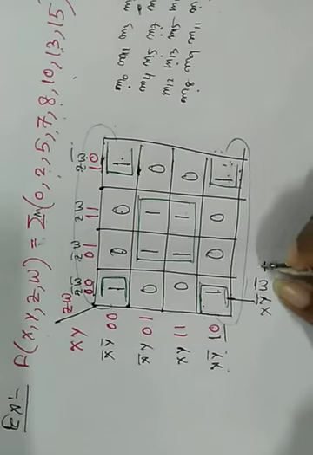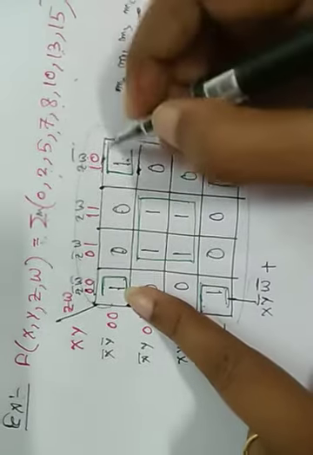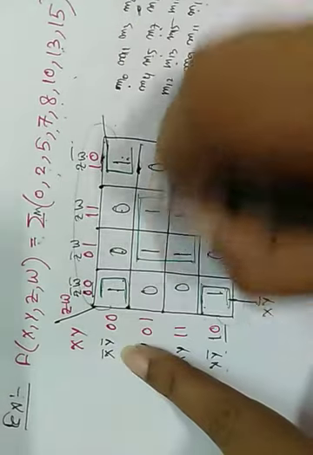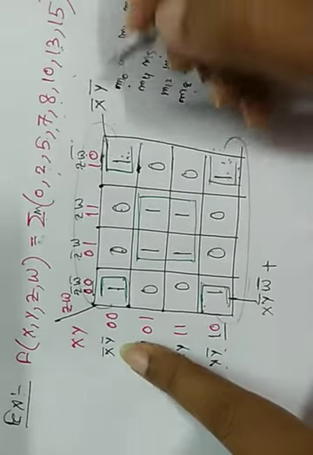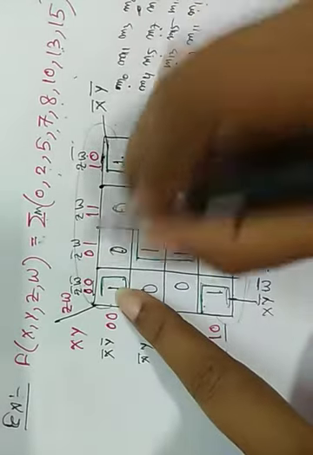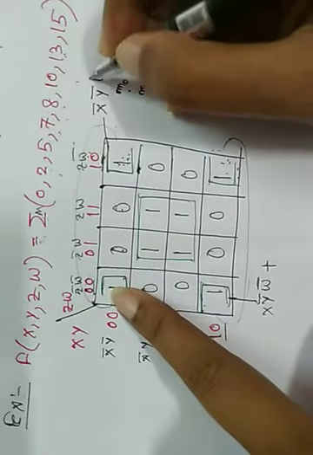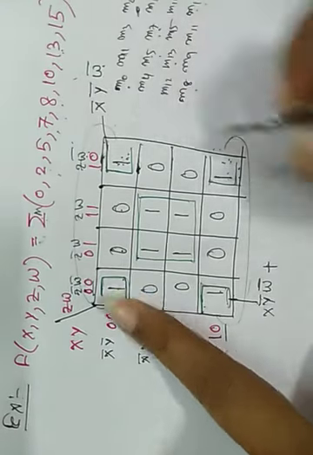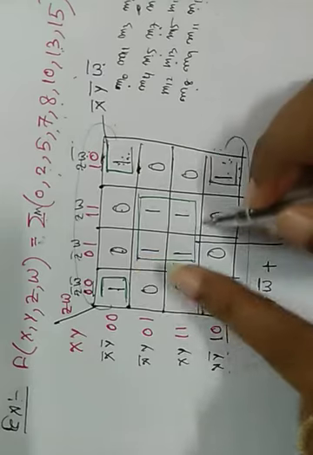Plus, for this group, one horizontal row means x bar y bar, and for the two vertical values z bar is common. And now this one, the group of four ones.